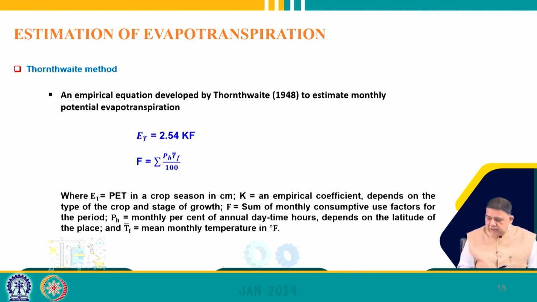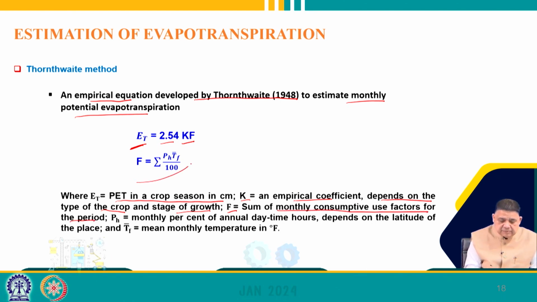First, let us talk about the Thornthwaite method. It is an empirical equation developed by Thornthwaite in 1948 to estimate monthly potential evapotranspiration. The equation reads ET = 2.54 K F, where ET is PET in the crop season in centimeters, K is an empirical coefficient which depends on the type of crop and stage of growth, and F is the sum of monthly consumptive use factors for the period.